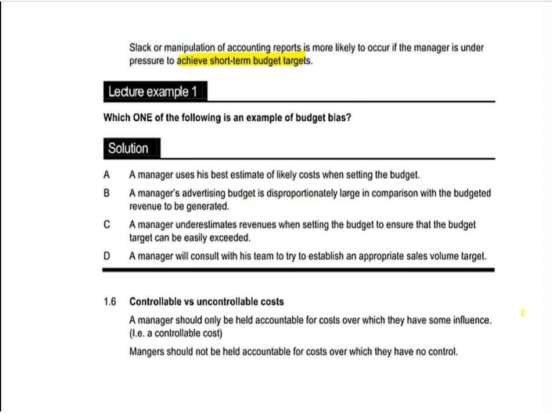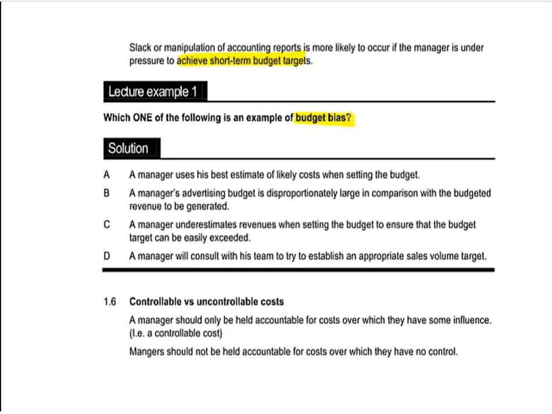Example 1 then shows us how this could be tested. So we have to pick which one of the following is an example of budget bias or budgetary slack. So we need to have a look then where we are suspecting some kind of manipulation for the benefit of the manager.